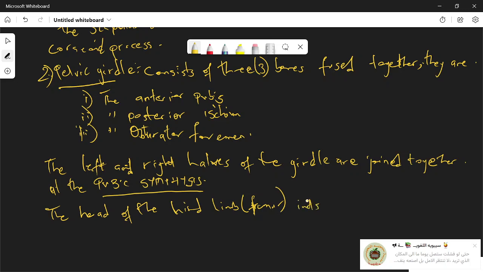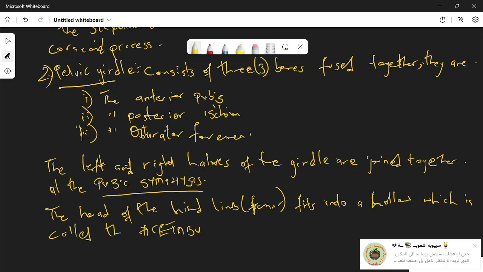The head of the hind limb, or the femur, fits into a particular hollow. This hollow is called the acetabulum. That is what the hollow is called.